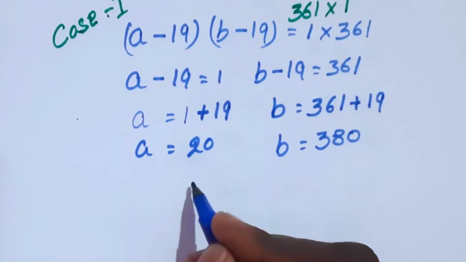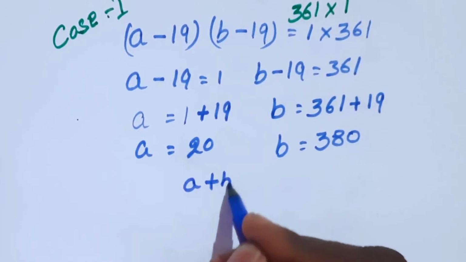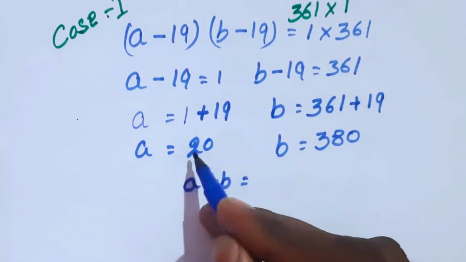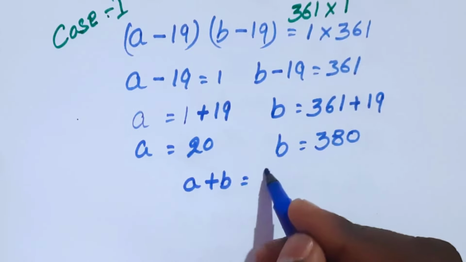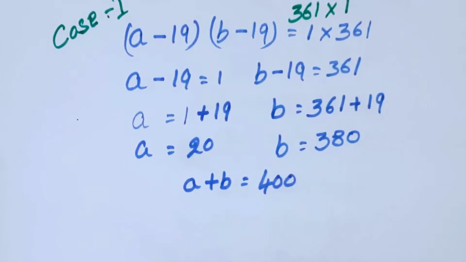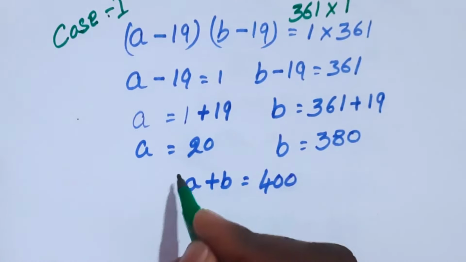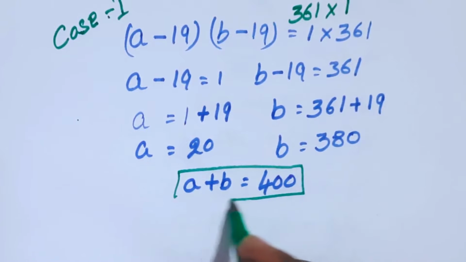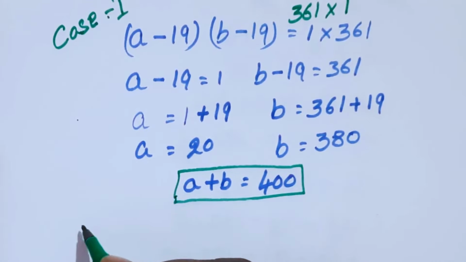Now A plus B equal to 20 plus 380 is 400. In case 1, A plus B is 400.